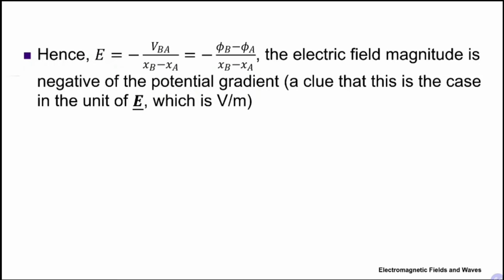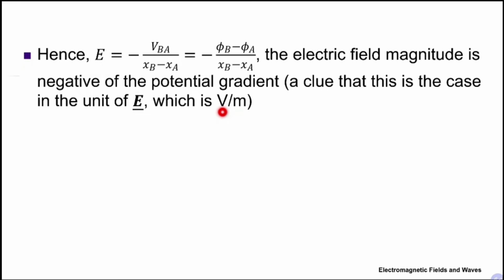So that is a negative potential gradient. Okay, so the electric field is the negative of the potential gradient. And the unit of electric field is V over m.